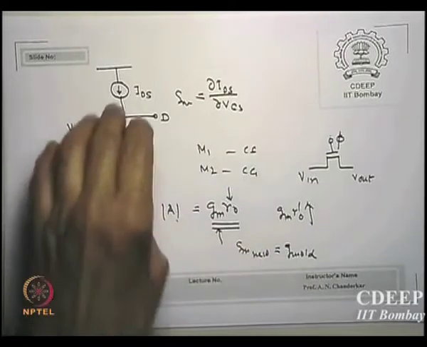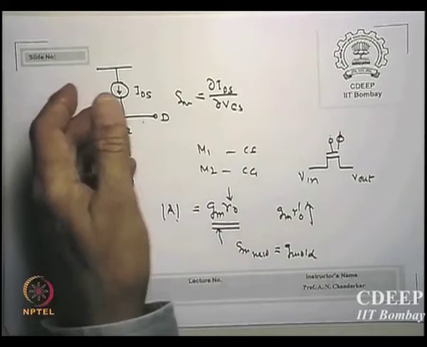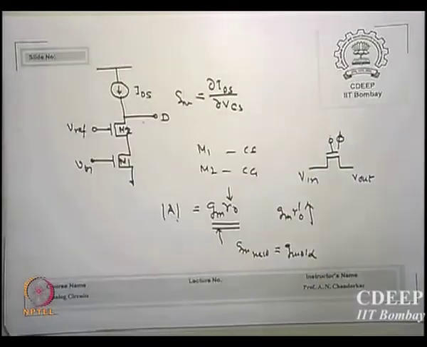So this circuit essentially enhances the output resistance. Is that correct? This circuit essentially enhances output resistance, a huge number. Okay. Gain times R0. The gain of this into R0 will appear as the new R0. So gain will be boosted, but FT will not change. Is that clear, the game?